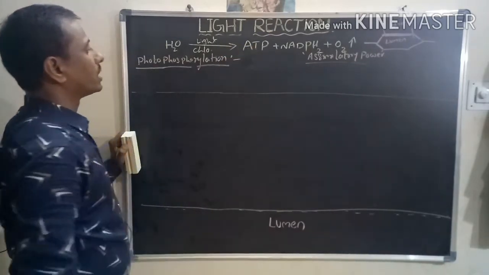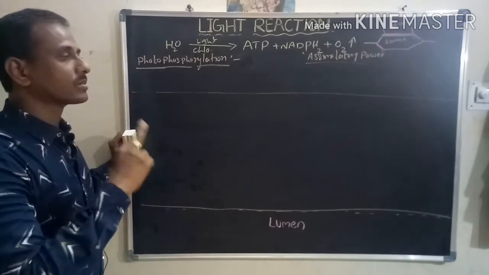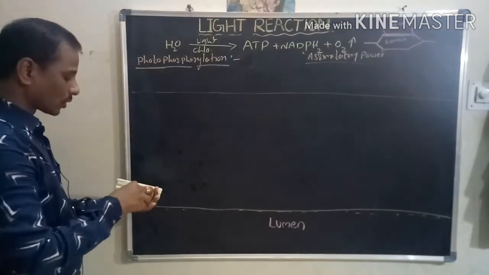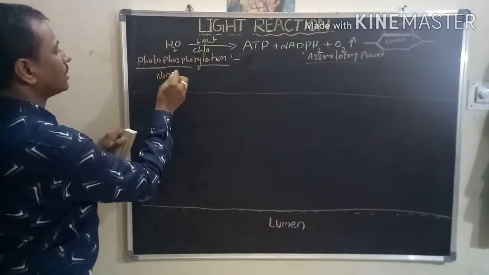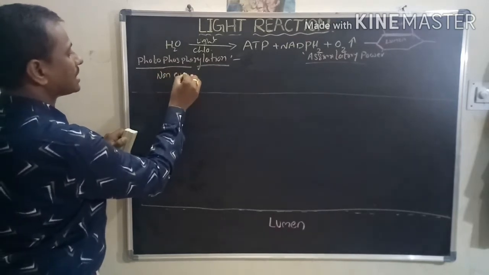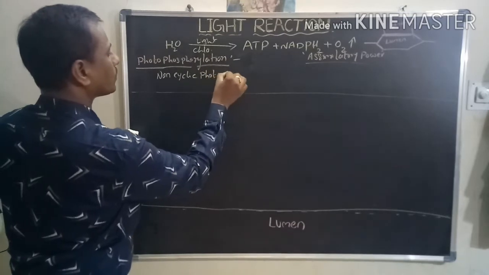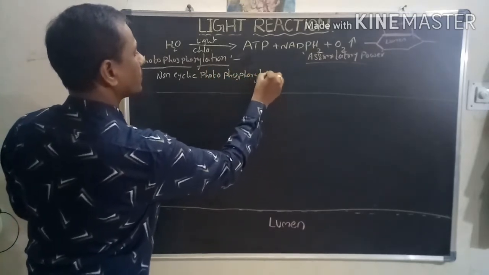Here in photophosphorylation there are two types of systems. One is non-cyclic photophosphorylation.